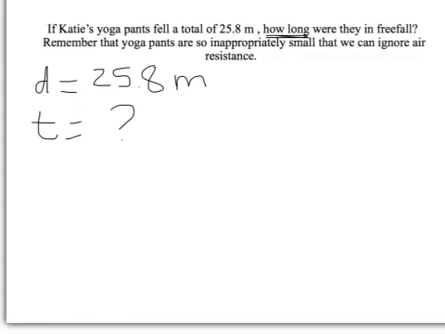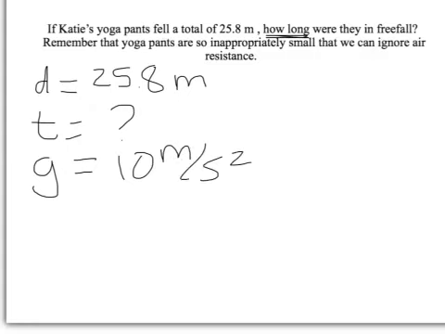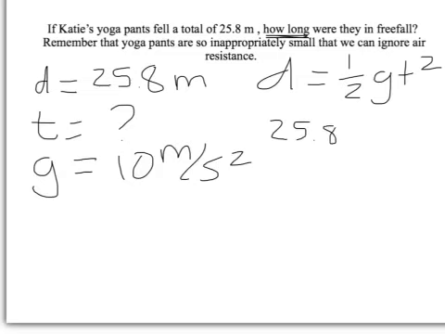Okay, so since the pants are in free fall, g is going to be equal to 10 meters per second squared. And again, we look at what we know and what we don't know. We have d, t, and g. So the equation that fits that is d equals 1/2 g t squared. Okay, so I'm going to plug in: 25.8 meters equals 1/2 times 10 times t squared.